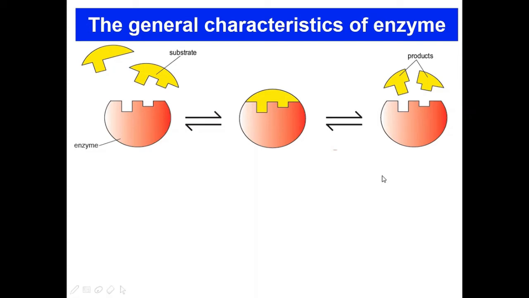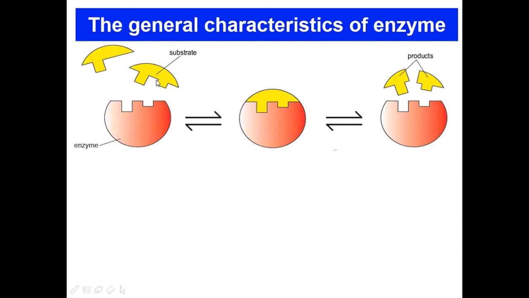Now, by looking at the diagram here, okay, what are the characteristics of an enzyme that you can observe? Look at the enzyme. This is the part, the active site of this enzyme, betul? Now look at the substrate. Let's say this is substrate A and this is substrate B. Which substrate do you think will fit to this active site?